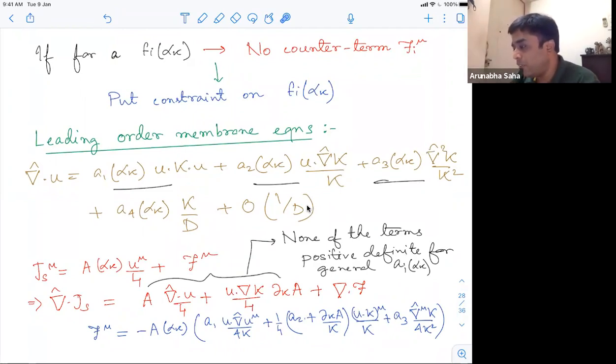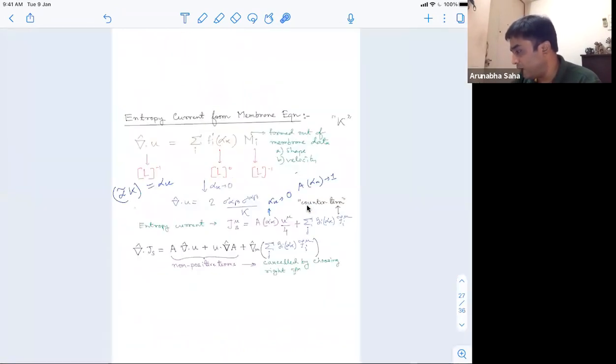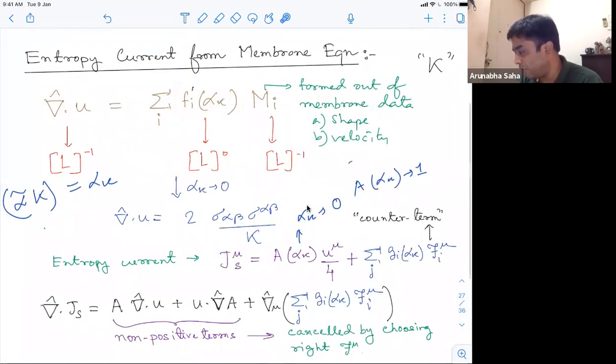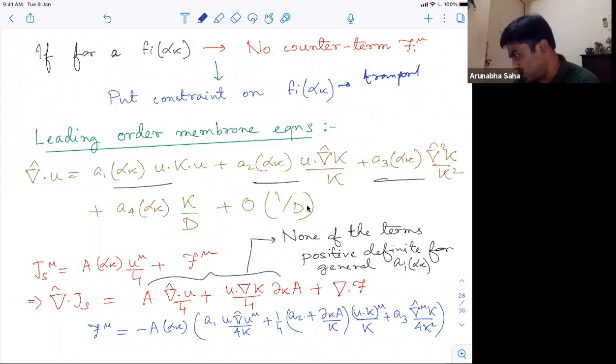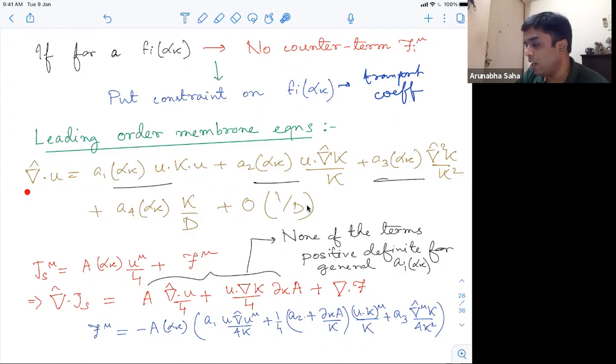Now, the point is that if for a given f of I of k, that is a given term here, you cannot find a counter term, you just say that you have to put a constraint on the coefficient sitting in front of this term, which I also borrow from fluid gravity and call a transport coefficient. Now, if you follow this procedure to leading order, there are not many objects that you can actually arrive at which can contribute to the leading order entropy production.